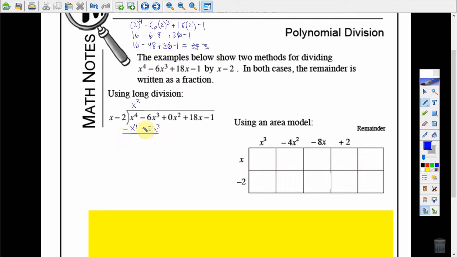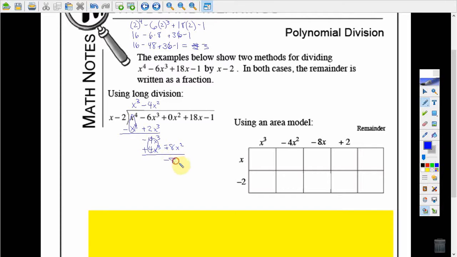We subtract that, which gives us 0 here, and negative 4x cubed. So we now ask, what times x gives us negative 4x cubed? Well, negative 4x squared times x gives us negative 4x cubed. Multiply that by negative 2, which will be plus 8x squared. Subtract those.